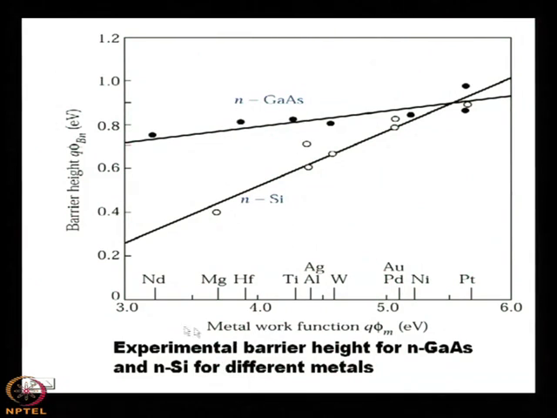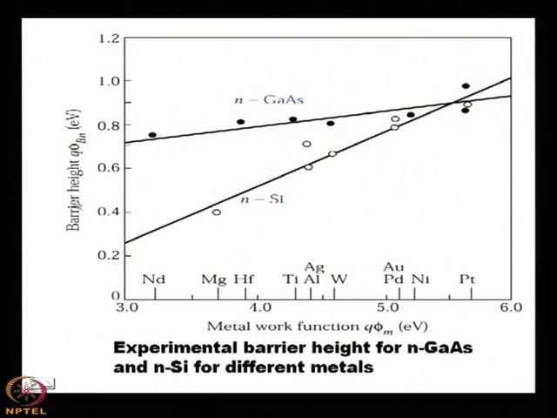What we see that there are several metals which we have used, say platinum, palladium, gold, nickel, tungsten, aluminum, silver, titanium, hafnium, then magnesium, neodymium. So, different kinds of metals we have used, and it is deposited on N silicon and gallium arsenide.